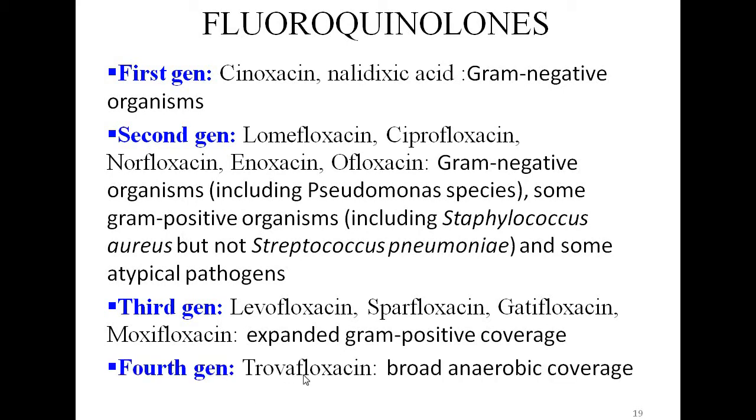The fourth generation, trovafloxacin, has broad anaerobic coverage. So going down from first generation, effective against gram-negative, second generation, gram-negative plus a few gram-positives, third generation, gram-negative plus expanded gram-positive coverage, fourth generation has broad anaerobic coverage.